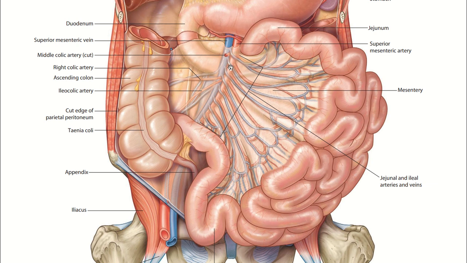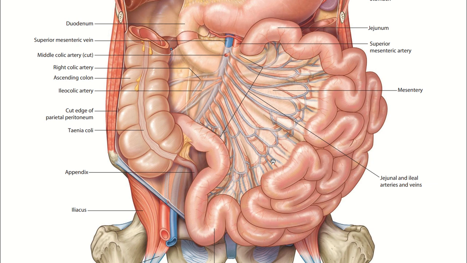You understand? Then it sends about 12 to 15 branches to the jejunum and the ileum. These branches form the arterial arcades, and from the arterial arcades we form the vasa recta. You understand? Good. So that's the blood supply to the jejunum and ileum.